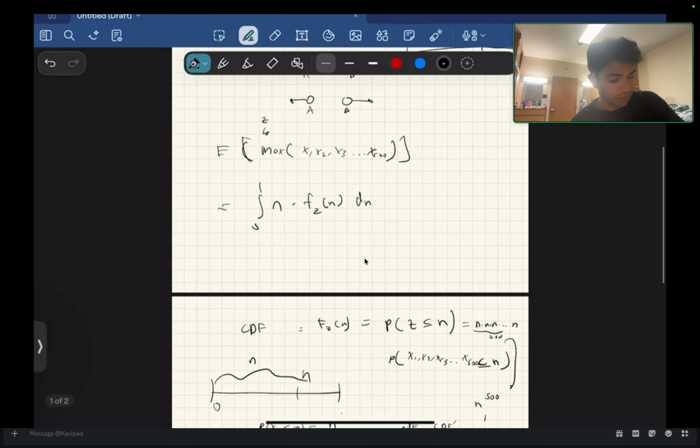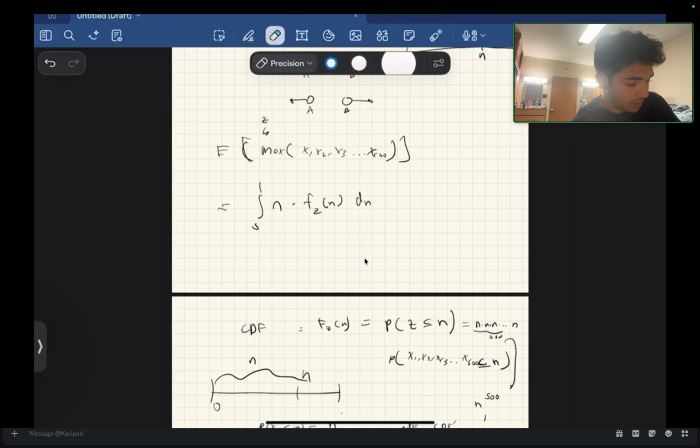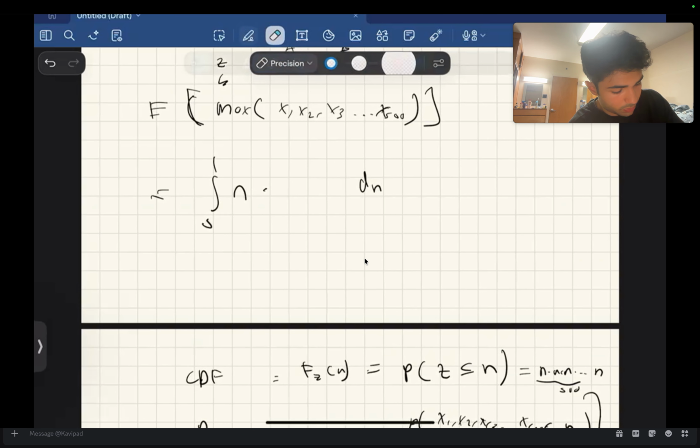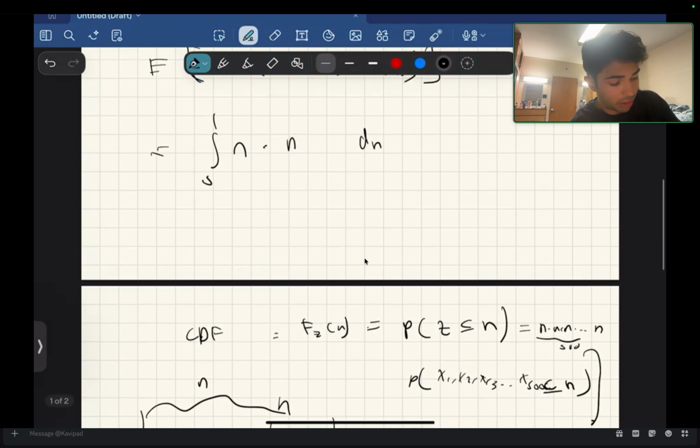We said that the expectation function was this integral, so we plug in 500 n to the power of 499 here. Factor out the 500, combine the n values, and we get 500 times 1 over 501 n to the power of 501 from 0 to 1, which equals 500 over 501 minutes.